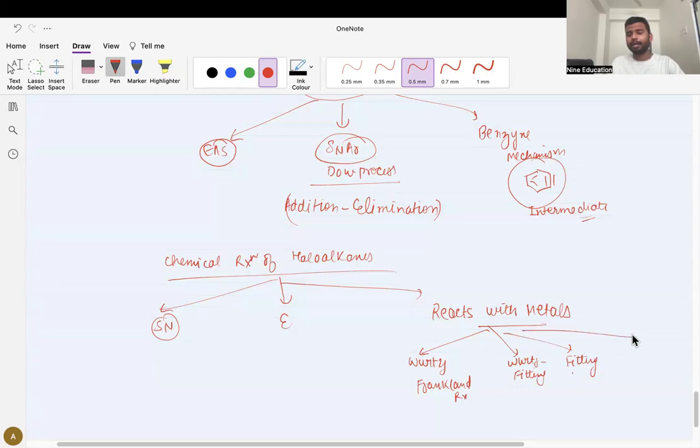And last was Grignard reagent: how Grignard reagent is prepared, and the reactions of Grignard reagent. This only we have done.